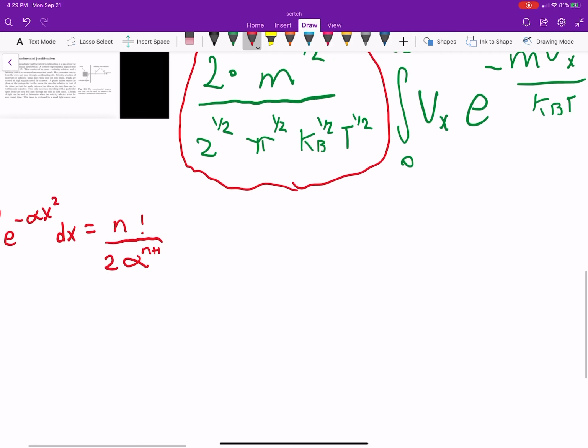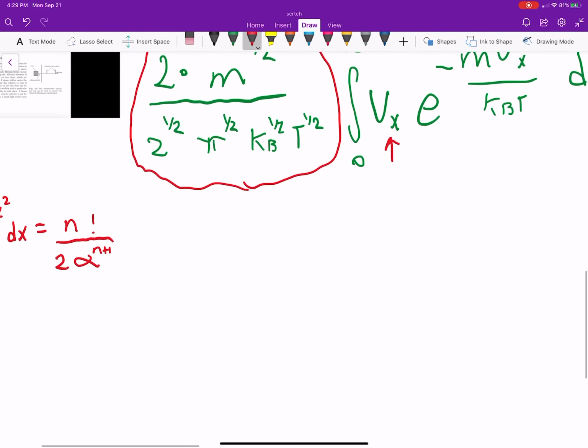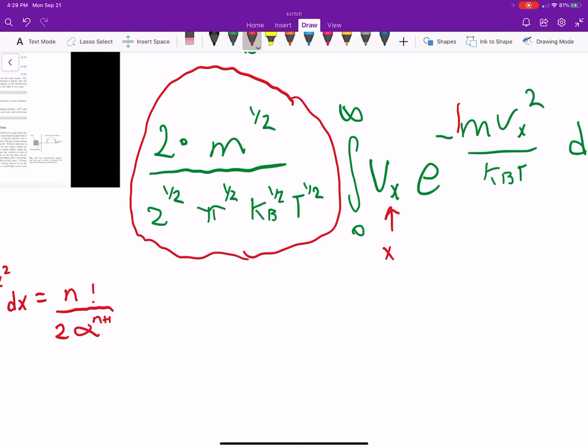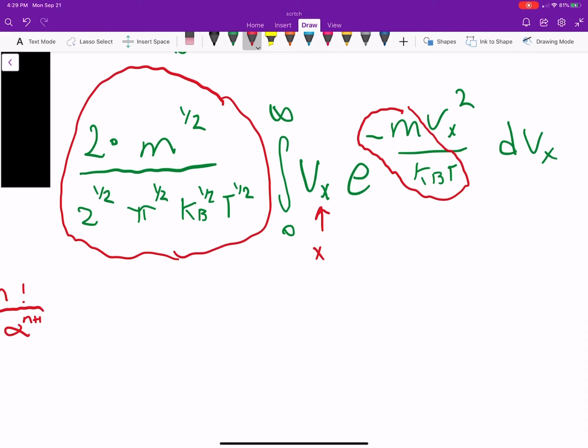Where this is like our x. Actually, let me fix that. Oh, they don't include the negative, so I had it right the first time. This is our alpha.